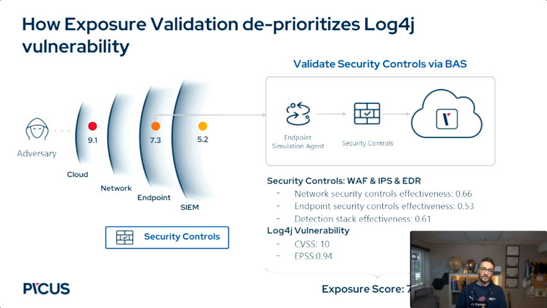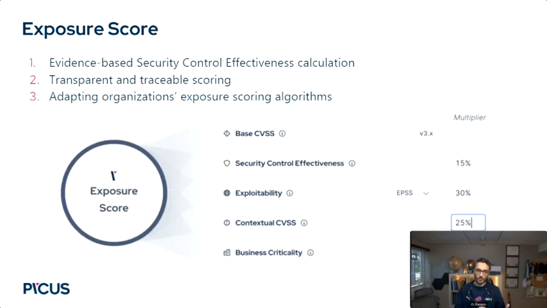So what you're seeing here is our exposure score framework, and I want you to notice something important. Every single component here is visible and adjustable. So when you look at the Picus score that we give you, there's no black box algorithm. It's not that you just take whatever Picus is telling you; it's based on the environment, so that will give you a decision that you can control.